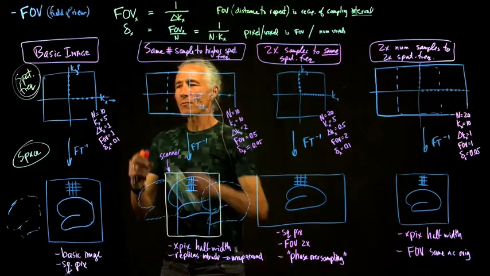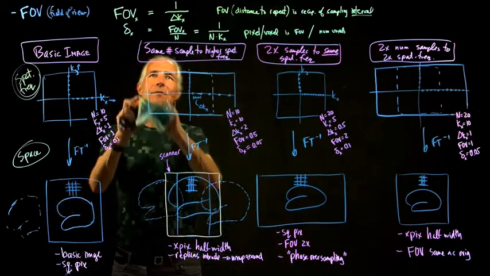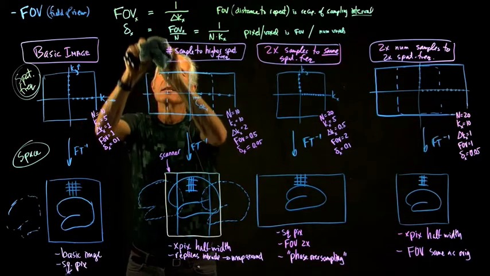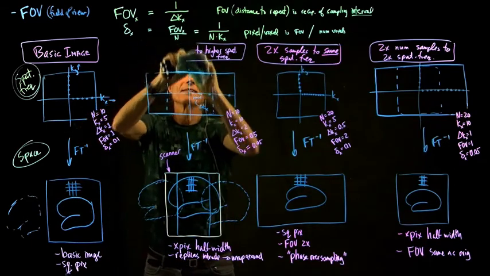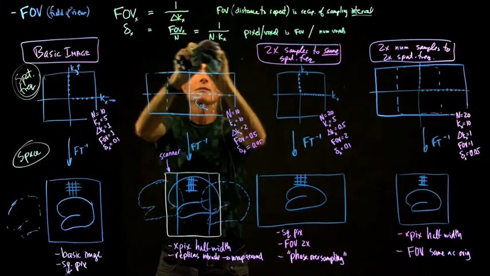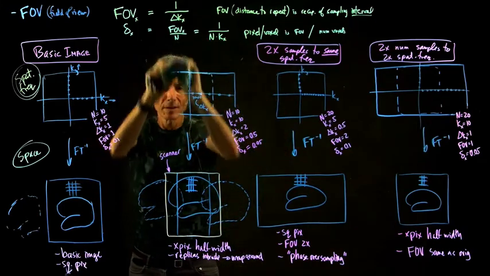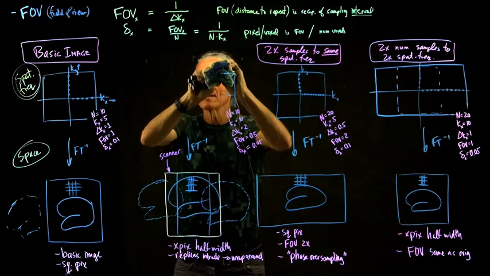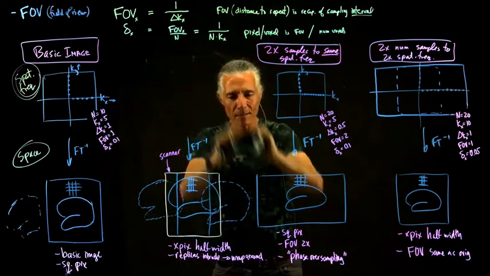One way of thinking about this is as an example of aliasing. If you know something about sampling data like audio data, you get something called aliasing.